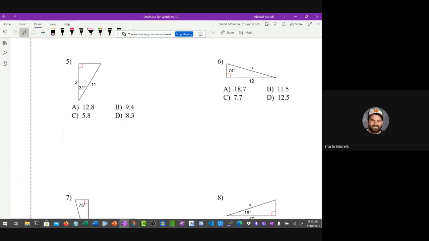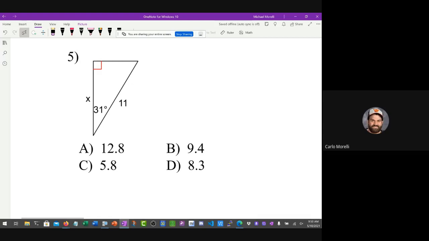Looking at number 5, we put our eyeball down in the bottom left of the triangle by the 31. This one's something new. From the perspective of the eyeball, the x is adjacent to the eyeball, so we're going to put ADJ for x.